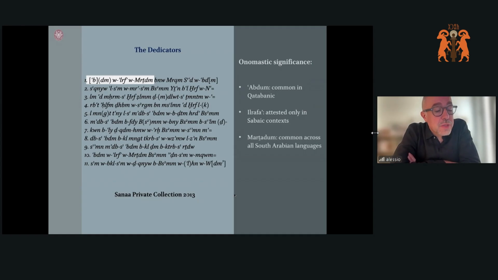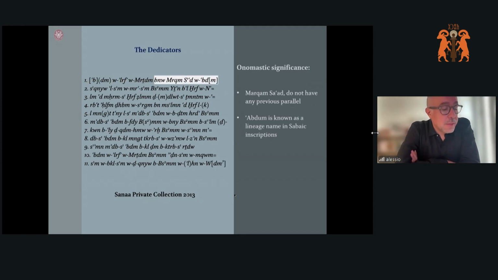The first personal name Abdum is already well attested in Qatabanic, while Il-Rafa is so far attested only in Sabaic. Marthadum, on the other hand, is a common personal name attested across all South Arabian languages. The sequence of names following these 3 individuals, which are Markam, Saad, and Abdum, also merits attention.